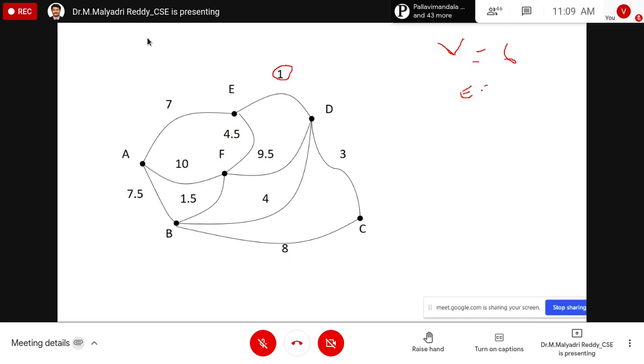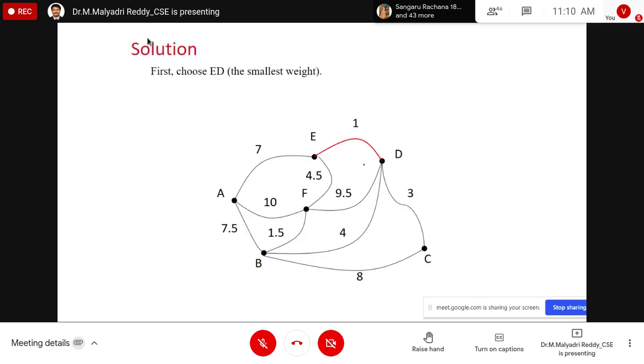From this graph, how many edges have to be selected? According to the rule of spanning tree, n minus 1, 6 minus 1. Yes, sir, any spanning tree, this is a common concept. So from this one is the smallest, right? Yes. So ED is included.